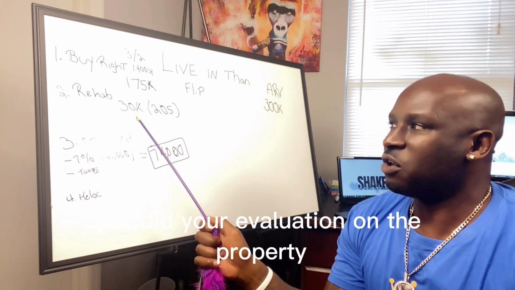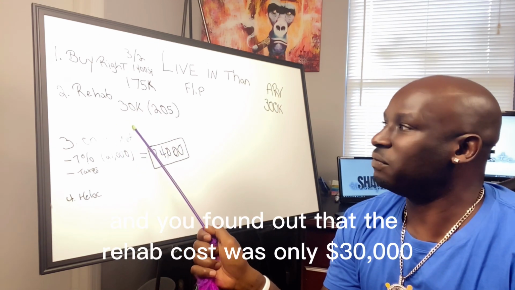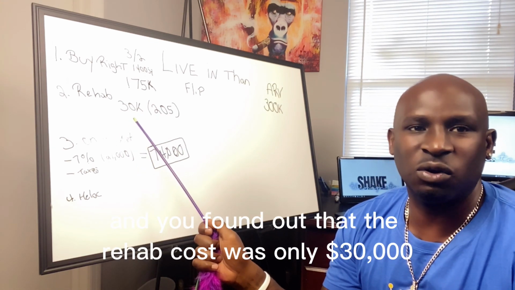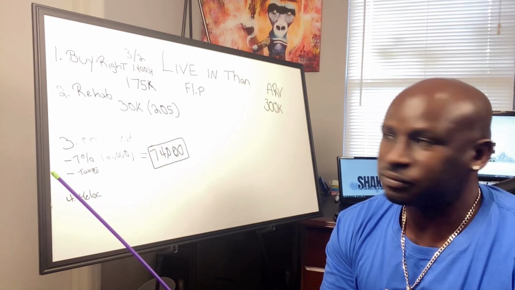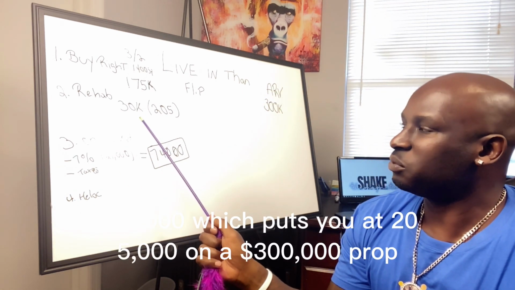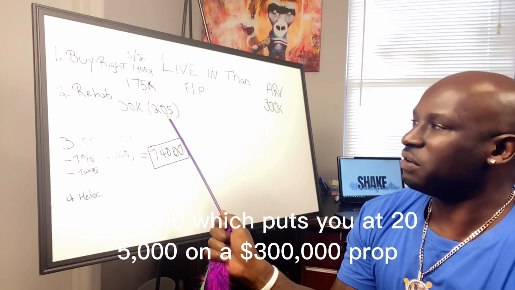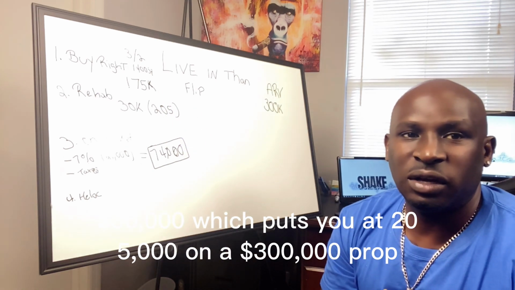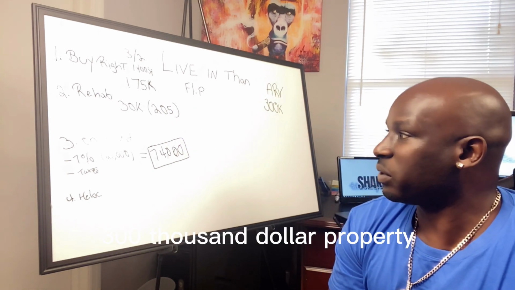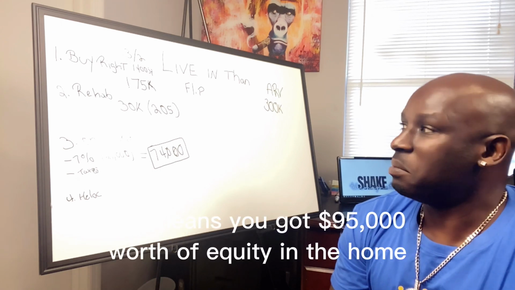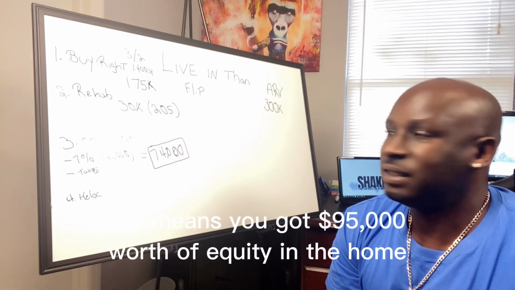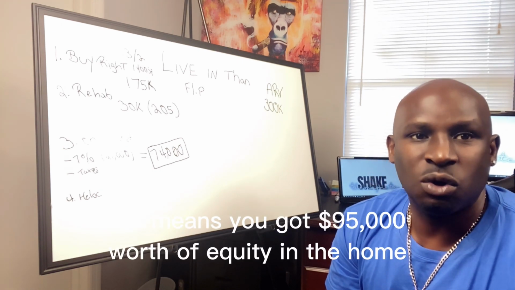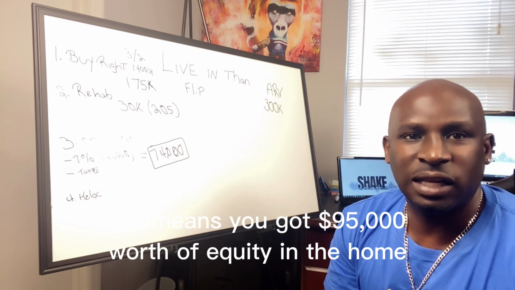You did your evaluation on the property and found out that the rehab cost was only $30,000, which puts you at $205,000 on a $300,000 property. That means you've got $95,000 worth of equity in the home.